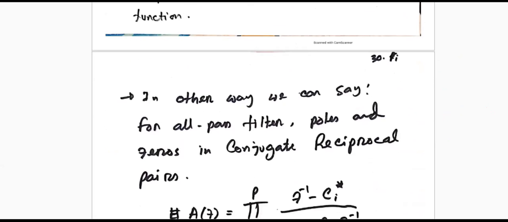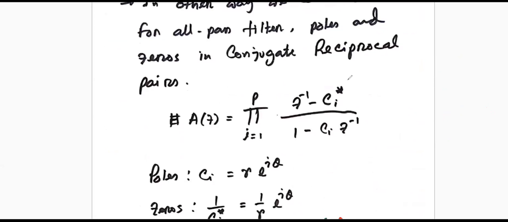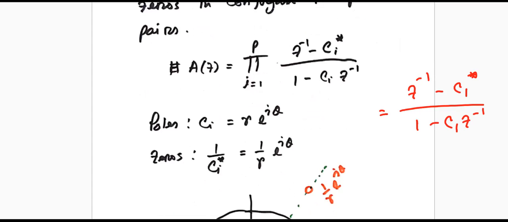For that, we can say the equation can be written like this. In general, for the first order, z to the power minus 1 minus c1 star divided by 1 minus c1 z to the power minus 1, where c1, as I have already mentioned here, is the pole location.